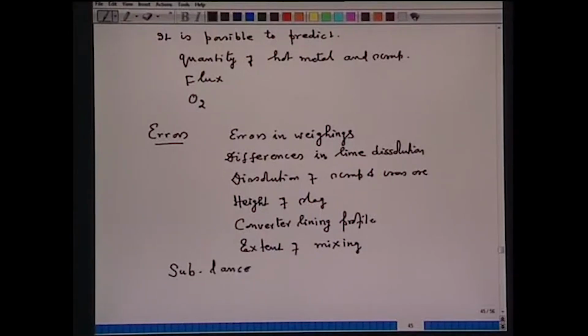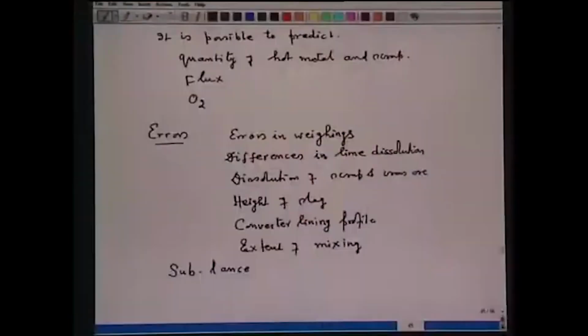Now, what does it mean? A sublance is an extra lance other than the oxygen injecting lance that is immersed from the top. A sample is taken and temperature and carbon content is determined. That is a sub-lance measurement.